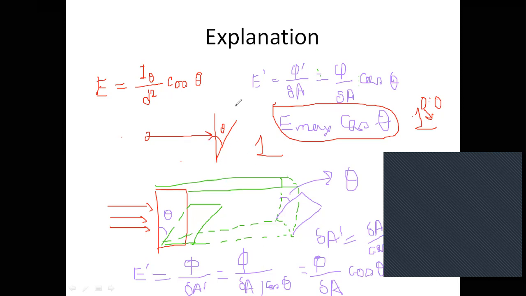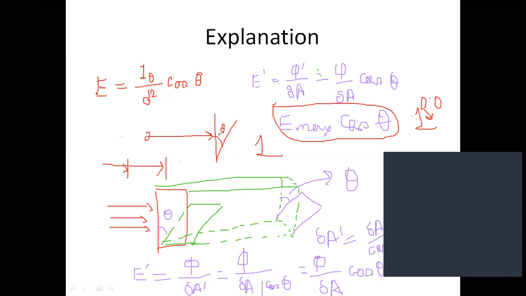So these are the two factors here: one is the inverse square law, and the other is the cosine law. They control the illuminance at a point. In short, if the distance is increasing, then our illuminance will reduce in proportion to the distance squared.